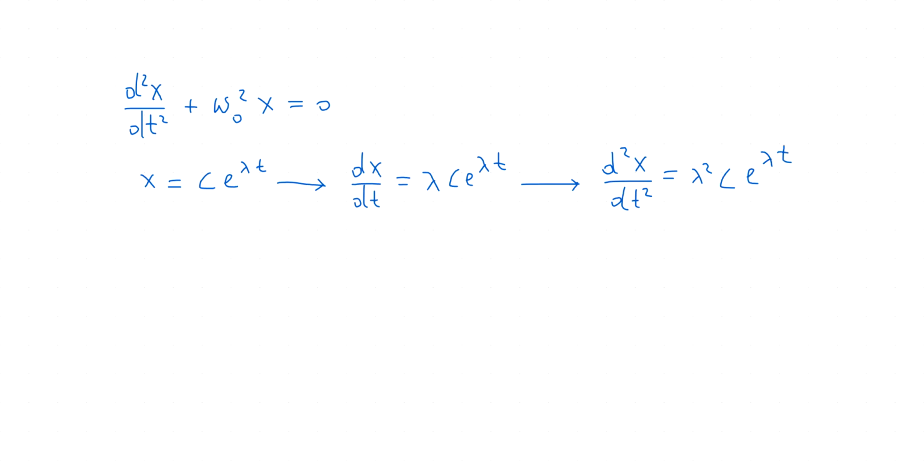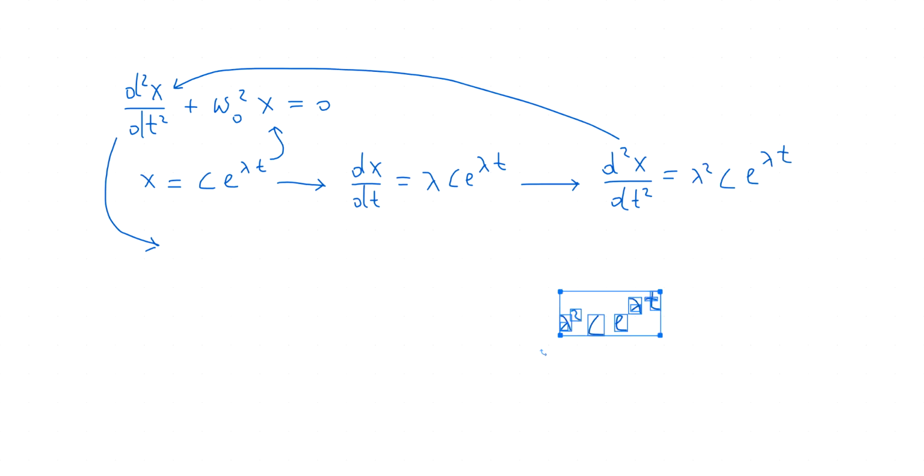So let's make the substitution. We'll get this plus omega 0 to the power of 2, multiplied by our function c exponent lambda t, and this is equal to 0.